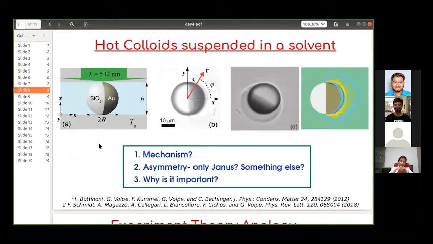And just to mention it once again here, these Janus particles are being laser heated with sufficient intensity, and in such situations they're seen to undergo some kind of active motion, and you observe the formation of an asymmetric structure around the particle.